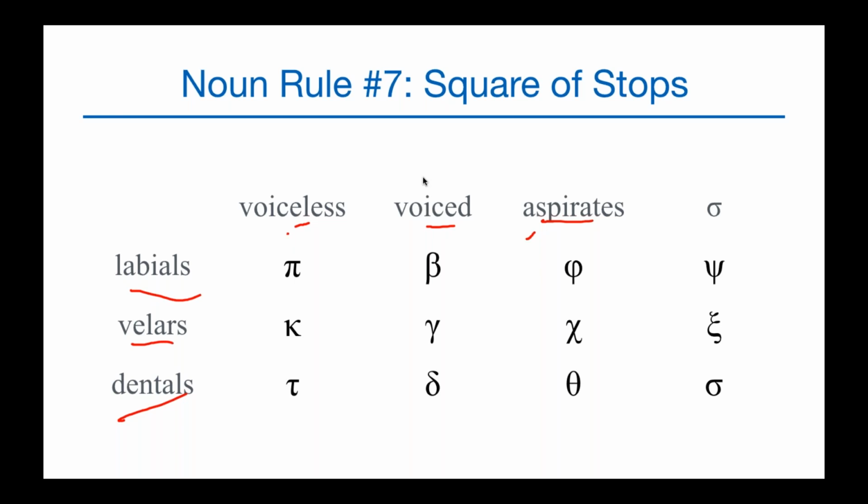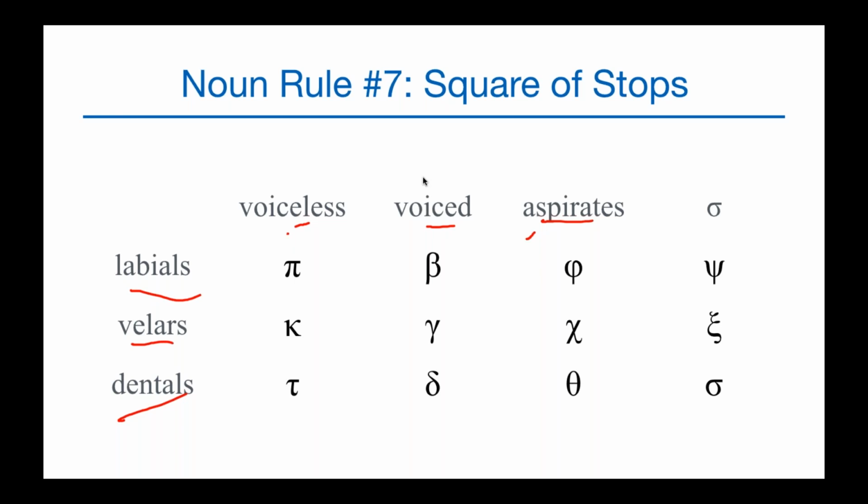Okay? So what he's wanting to show here is pi plus sigma equals psi. Beta plus sigma equals psi. Phi plus sigma equals psi.